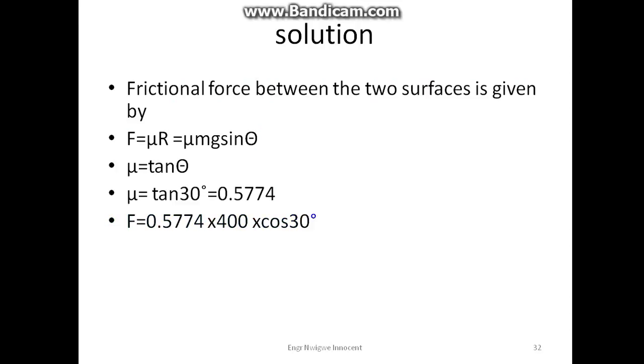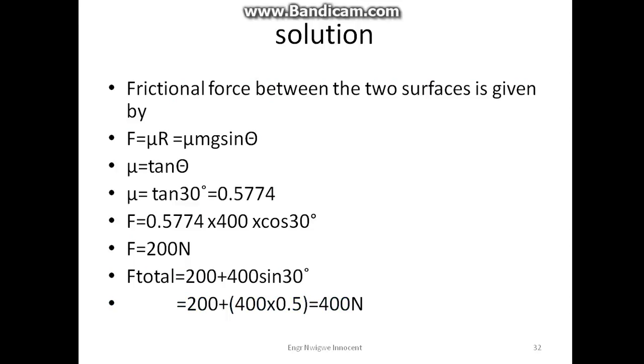Therefore, the frictional force F is equal to 0.5774 times 400 cos 30, which gives 200 Newton. The total force is now equal to 200 plus 400 sine 30, which gives 200 plus 400 times 0.5, which gives us 400 Newton.